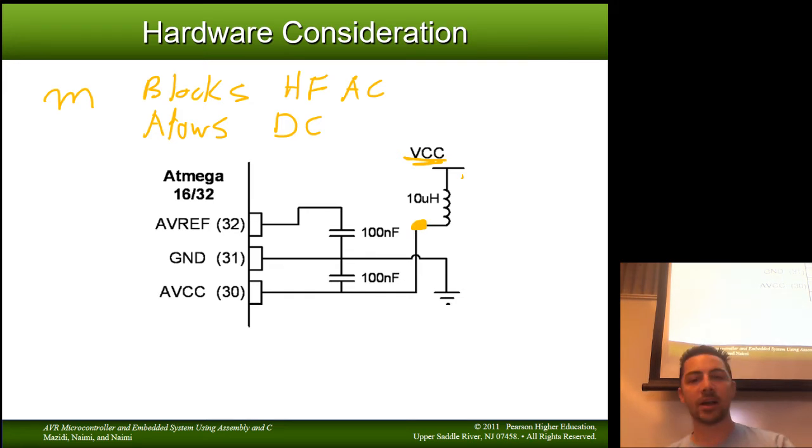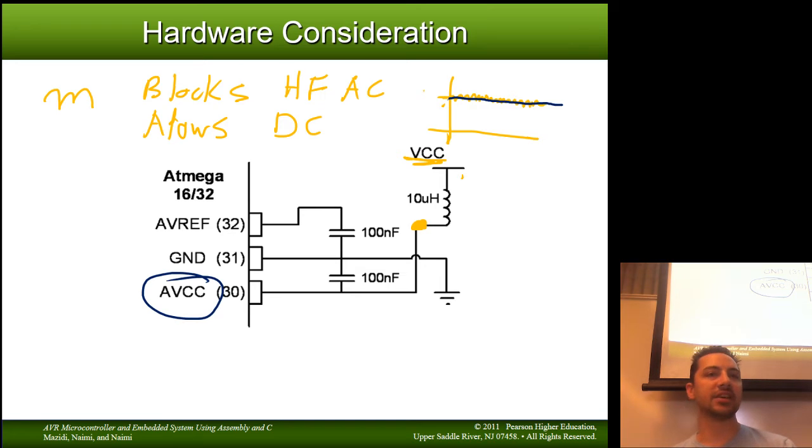So I might go from a 5-volt signal that looks like this, and what I will get out of that signal, because of the inductor, is a much cleaner signal. And that's what I send to my analog VCC.